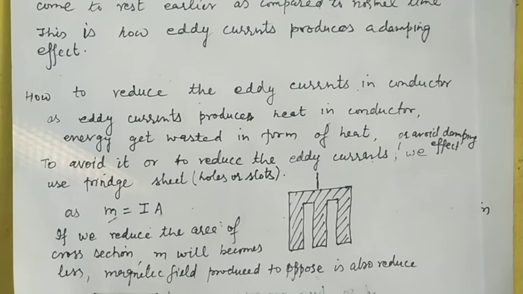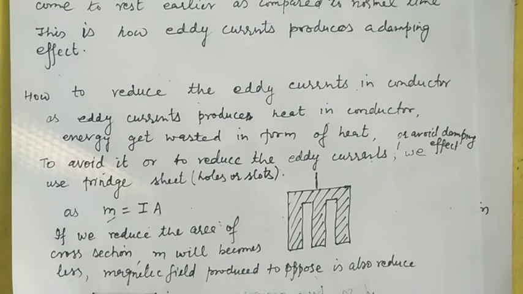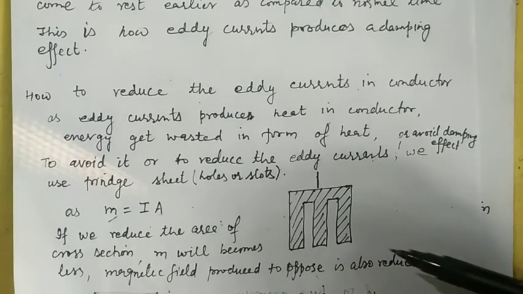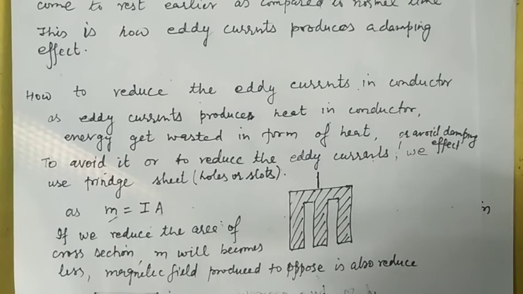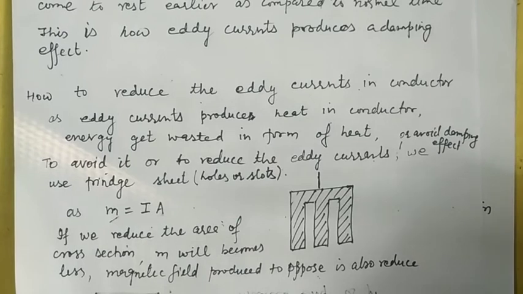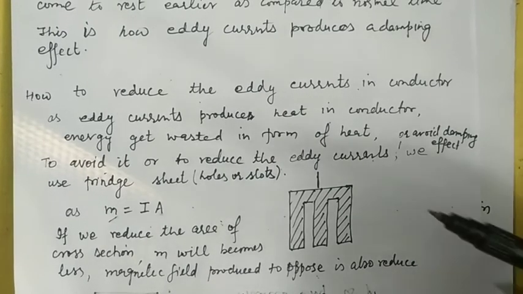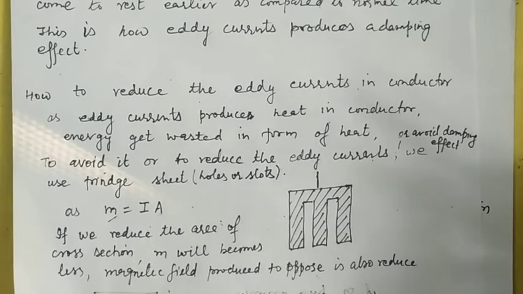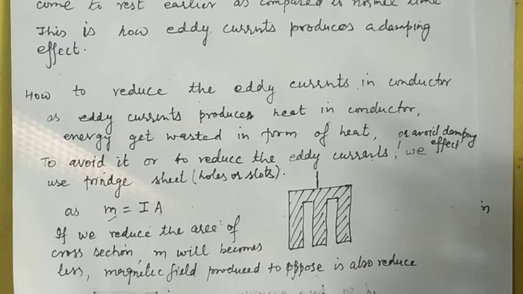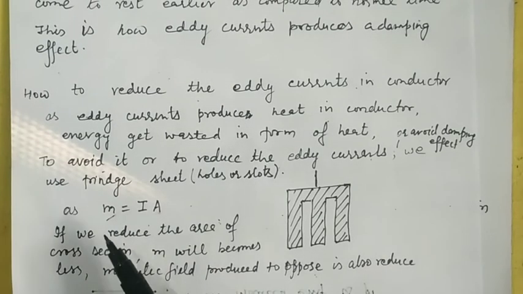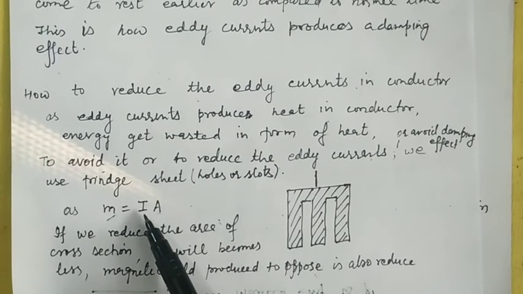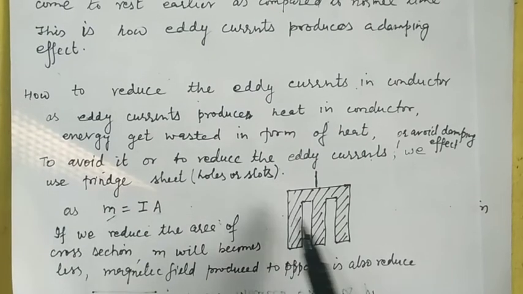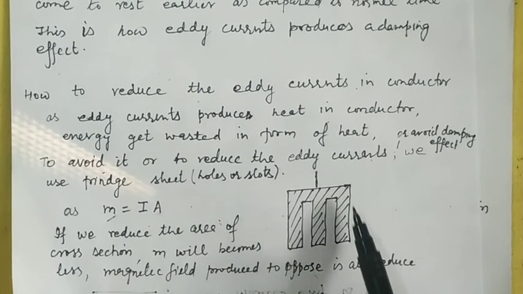To avoid all these things, we use a conducting sheet which has some holes or slots, or we can say we can reduce the eddy currents by using a fringed sheet, because we know that magnetic dipole moment is equal to I into A, that is the current induced into the area of this conducting sheet.